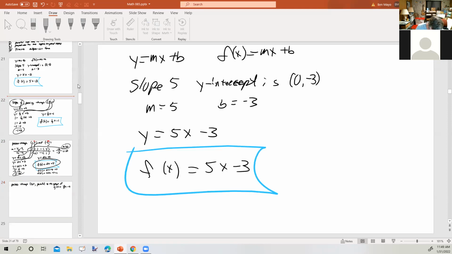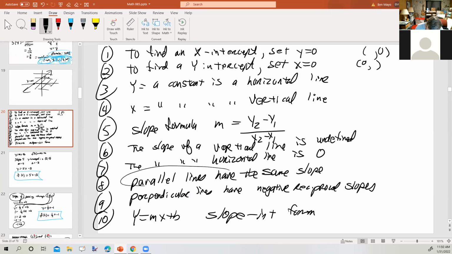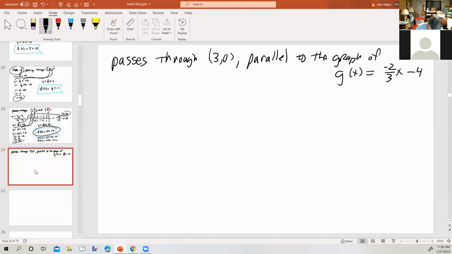So let's go back up here. It says parallel lines have the same slope. So the slope of g of x is -2/3. So the slope of the new line is going to also be -2/3. So now we know the slope of the new line, and we know a point that it passes through. So using y equals mx plus b, -2/3 goes in the place of m.